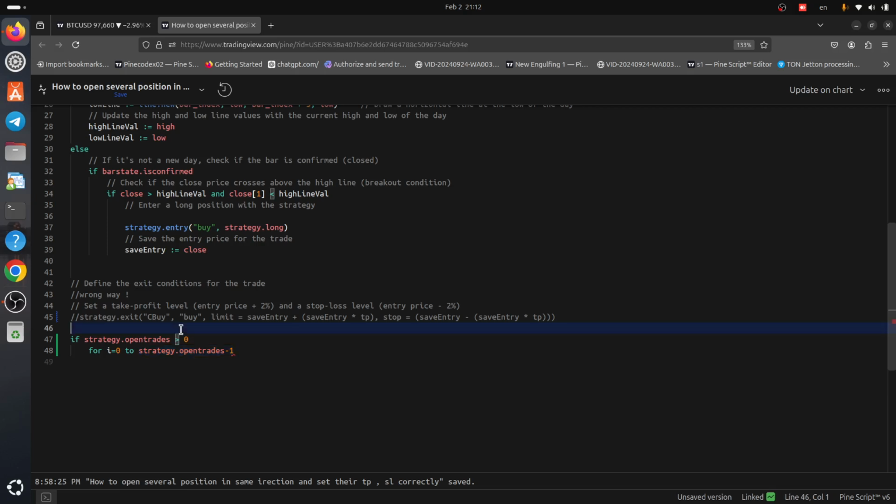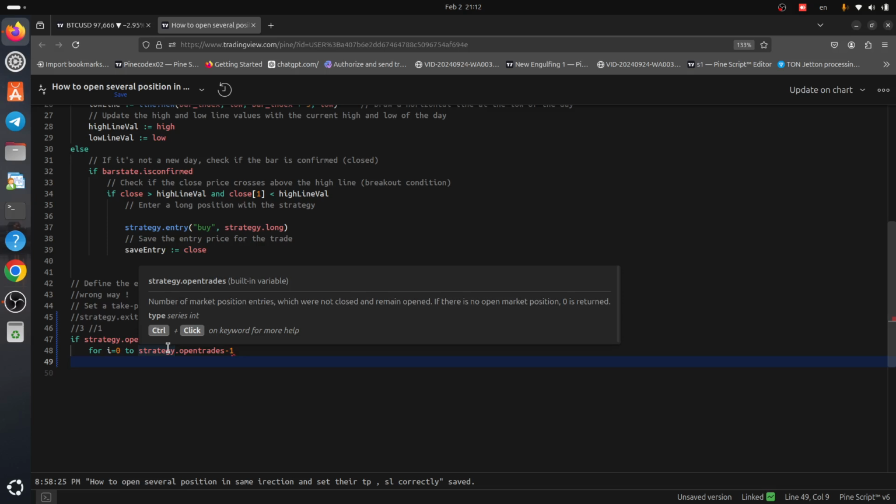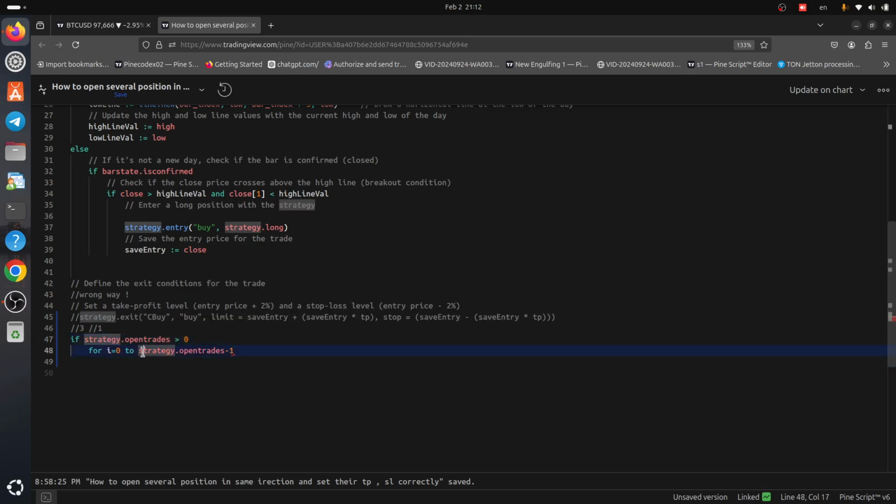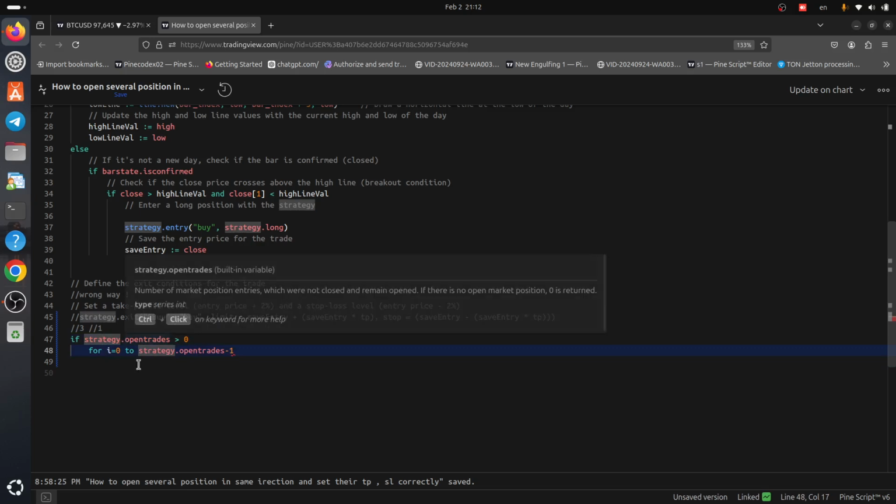For example, if we have 3 trades, it refers to the last trade, the third trade, and this refers to the first trade. If we have just 1 trade, no problem, because for i equals 0 to 0, we execute the code 1 time in the for loop.